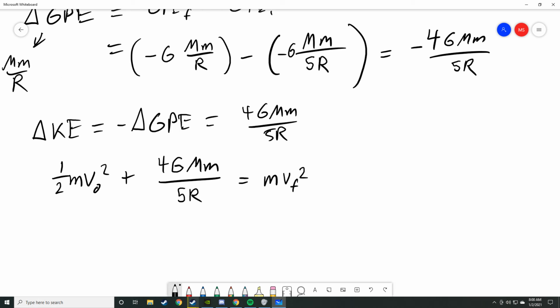And we get this nice equation where we can then solve for v final, right?